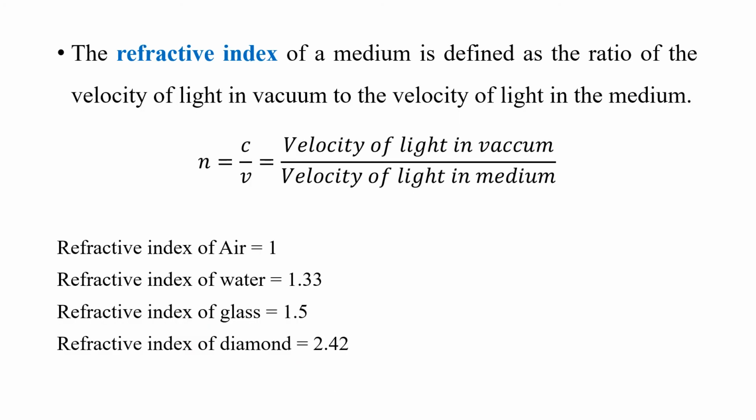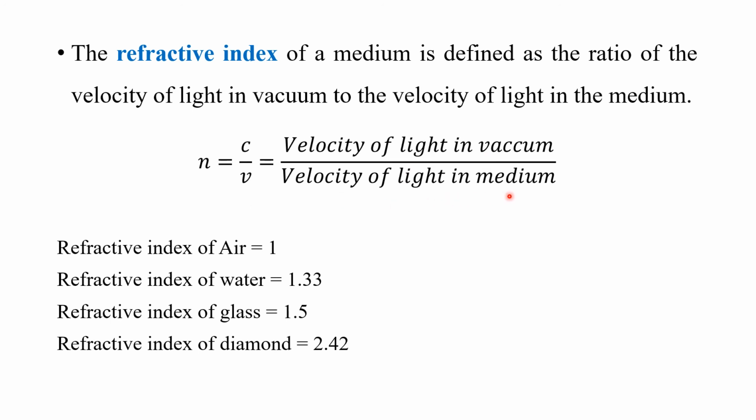Now getting into one most important concept, the refractive index. This is the definition of the refractive index. The refractive index of a medium is defined as the ratio of the velocity of light in vacuum to the velocity of light in the medium. It is represented by n = c/v, where c is the velocity of light in the vacuum and v is the velocity of light in the medium.